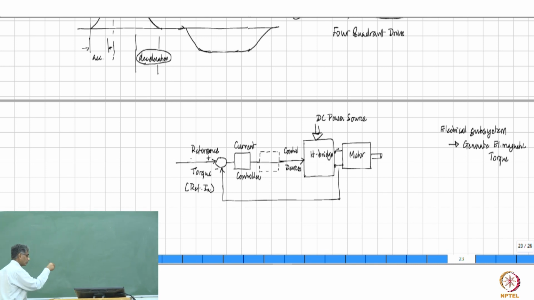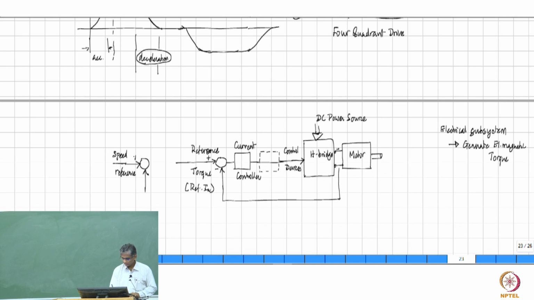So how do you know then what acceleration must be given or what reference torque must be given? That comes from the difference between a speed reference and then you have a feedback of the actual speed at which the motor is running. This is speed feedback.